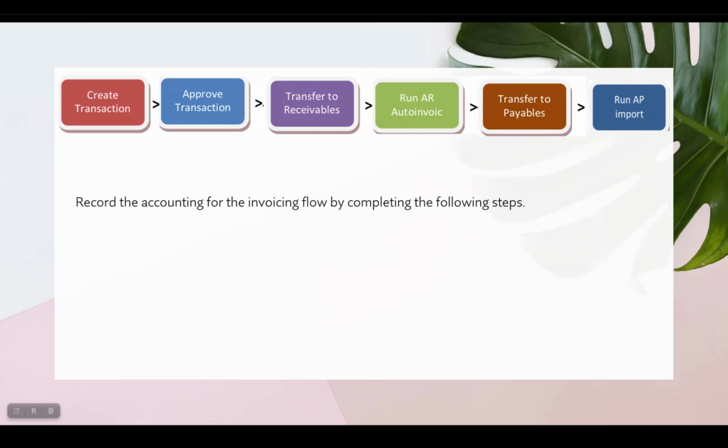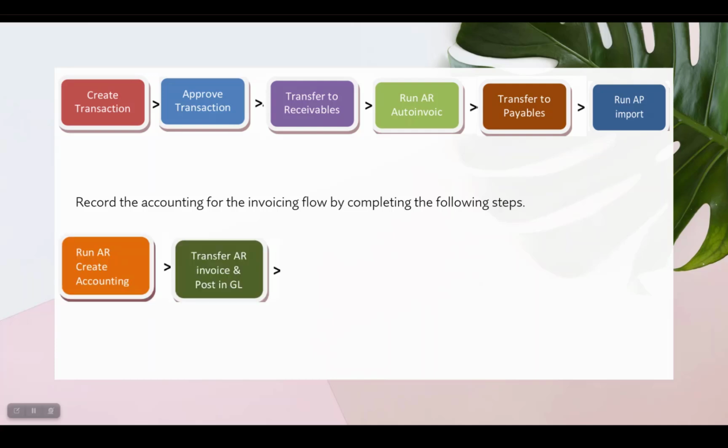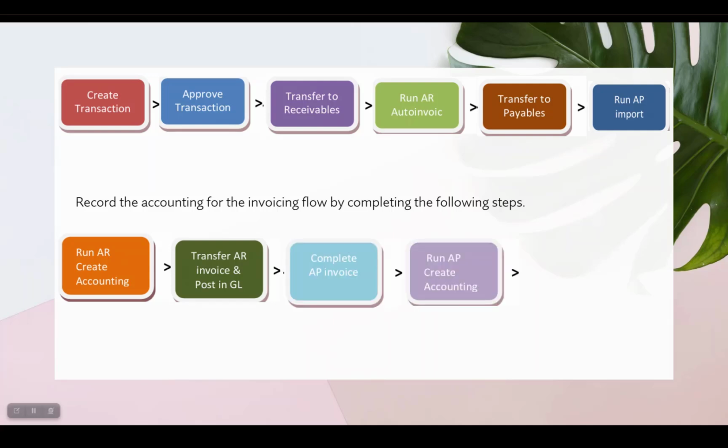Record the accounting for the invoicing flow by completing the following steps: run AR create accounting, transfer AR invoice, post in GL, complete AP invoice, run AP create accounting, and transfer again AP invoice, post to GL.